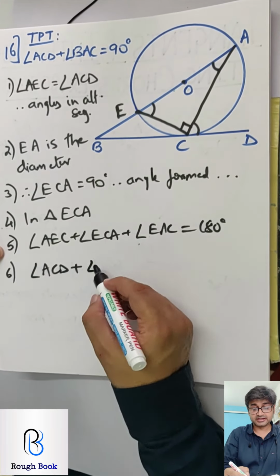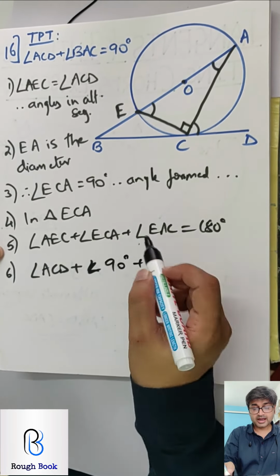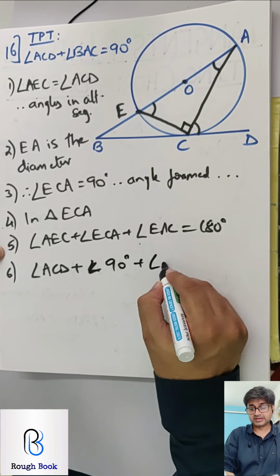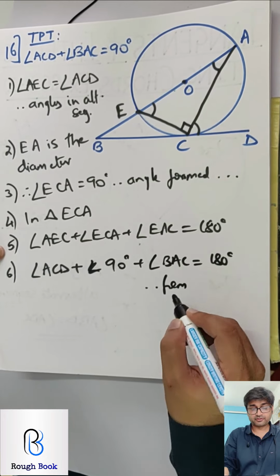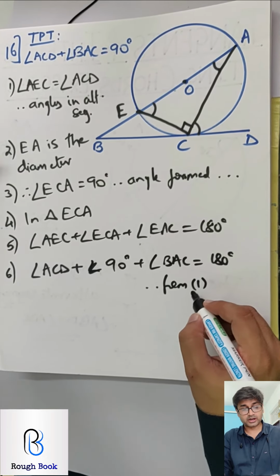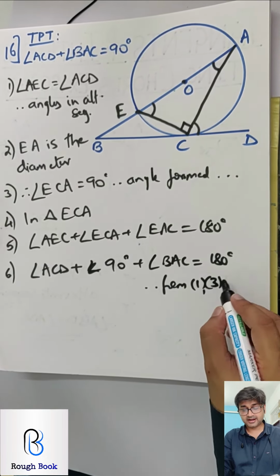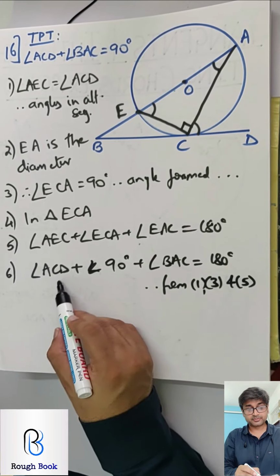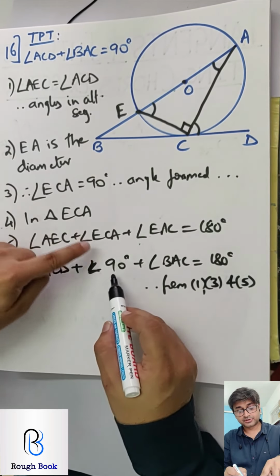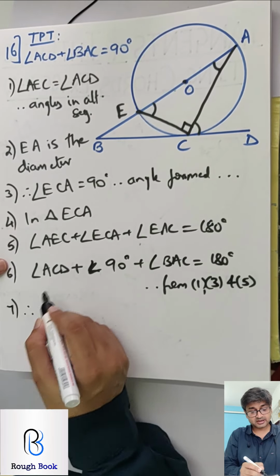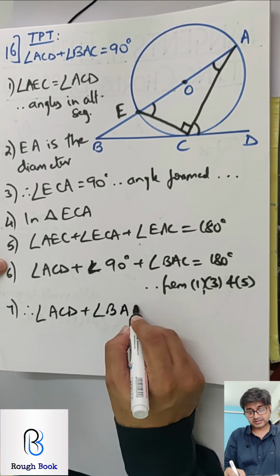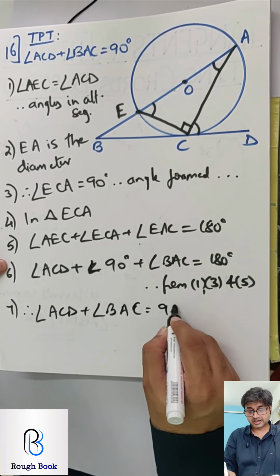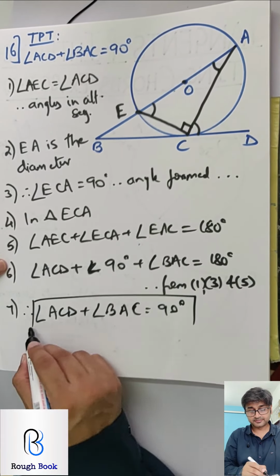So ECA is 90 and EAC can be written as BAC, same name, equals 180. Reason will be from statement number 1, 3 and 5, because we substituted this and we substituted 90. Final step, therefore angle ACD plus angle BAC, 90 goes on the other side, so is equal to 90.